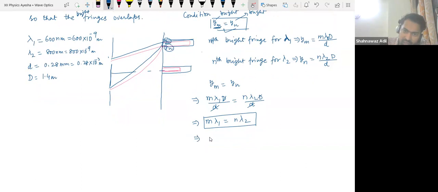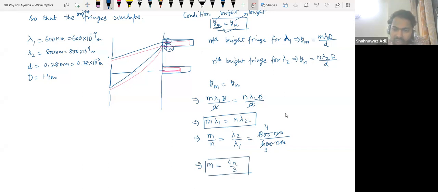Now, what is m by n? That would be lambda 2 by lambda 1. So lambda 2 is 800 nanometers, and this is 600 nanometers. Nanometer cancels, double zero cancels. This is 3, this is 4. So I will get the position of m as 4n by 3, right?